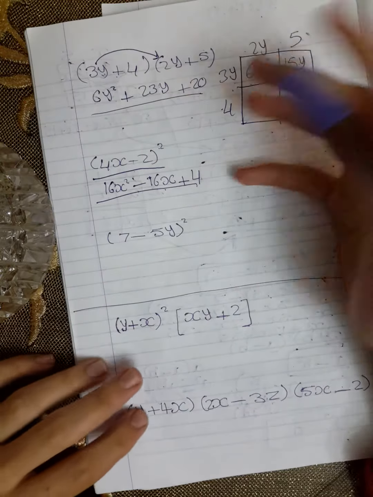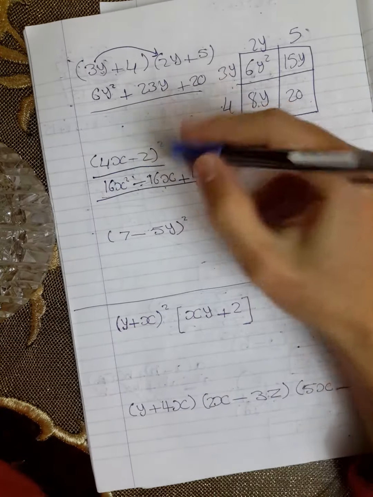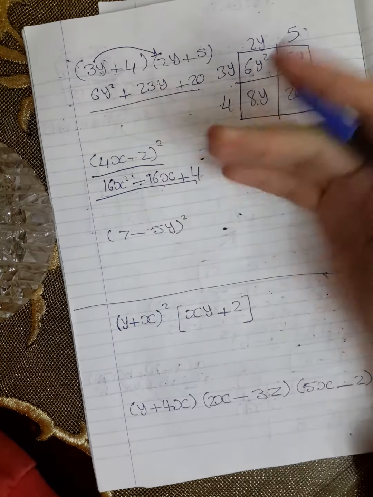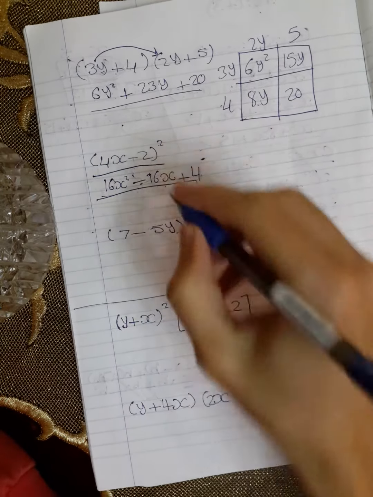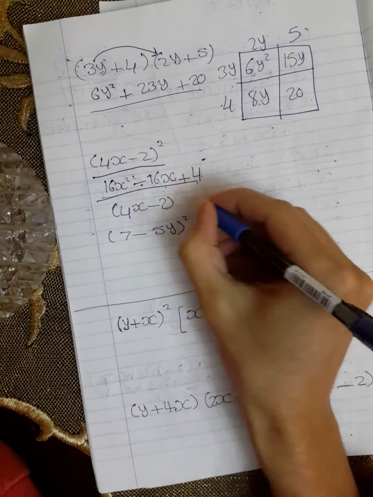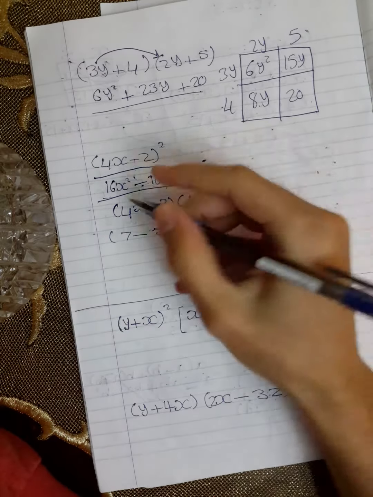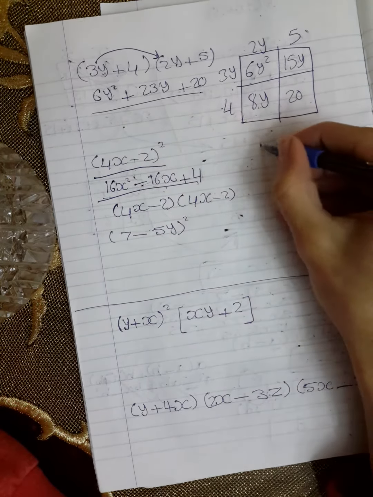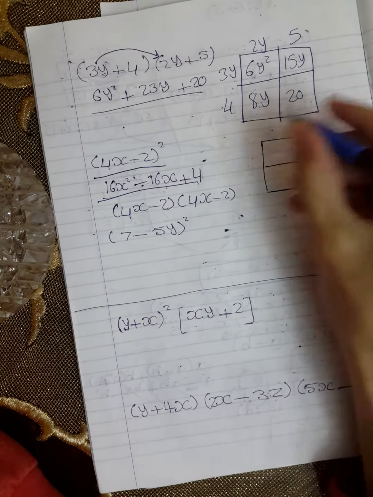So let me explain how you get this fast. In case you didn't memorize how to expand a bracket power of 2, you'll just write it like that, for 4x minus 2. You multiply, use your beautiful table.